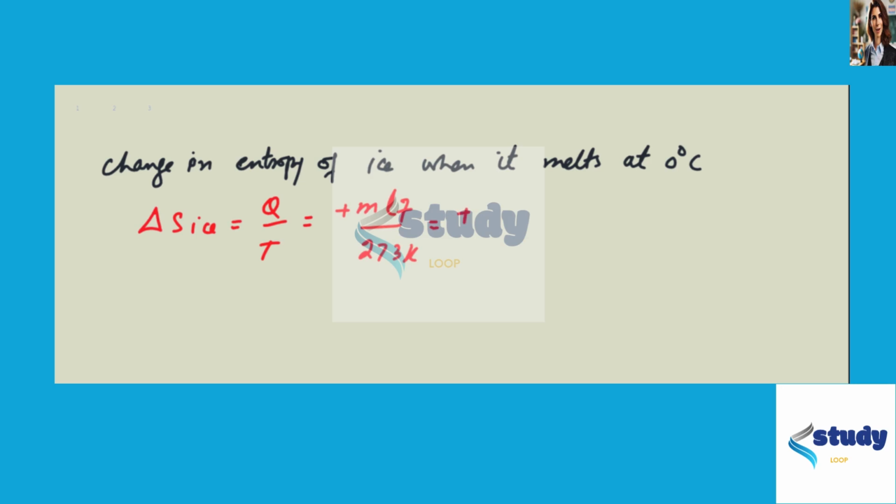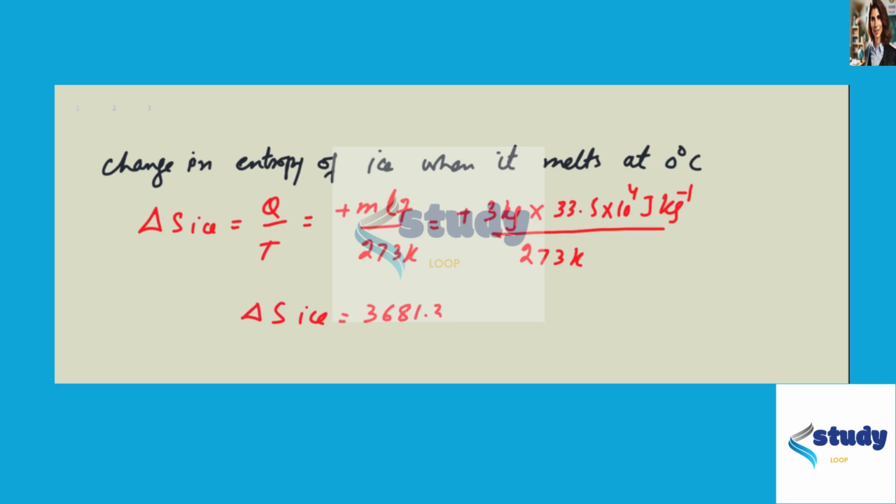M is 3 kg, into latent heat of fusion for water, 33.5 times 10 to the power 4 joule per kg, upon 273 Kelvin. This gives us change in entropy of ice equal to 3681.32 joule per Kelvin.